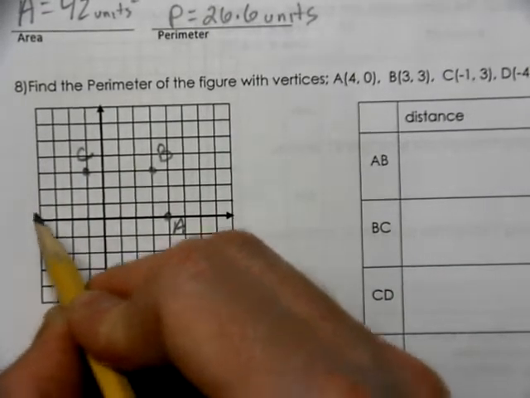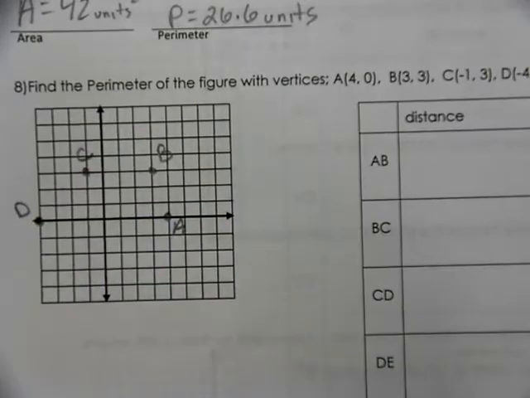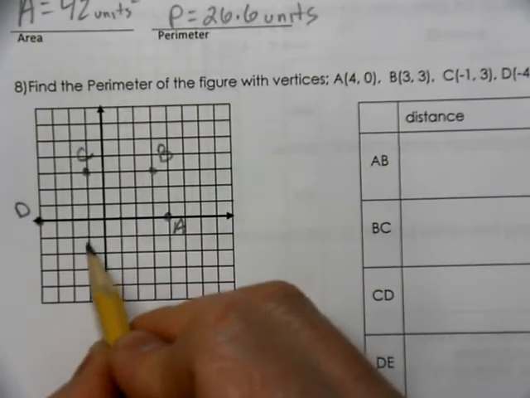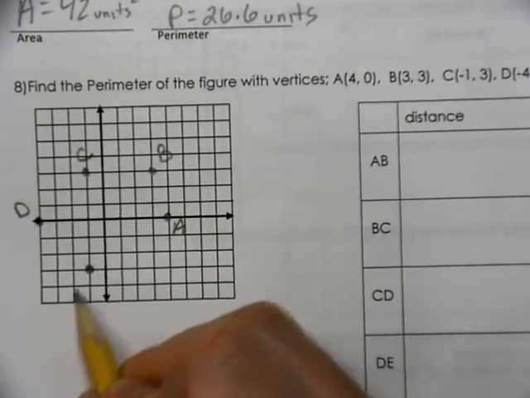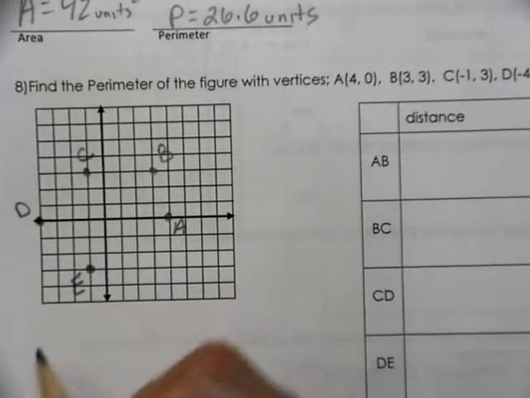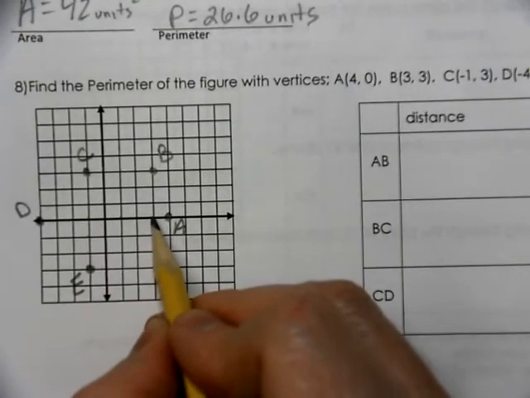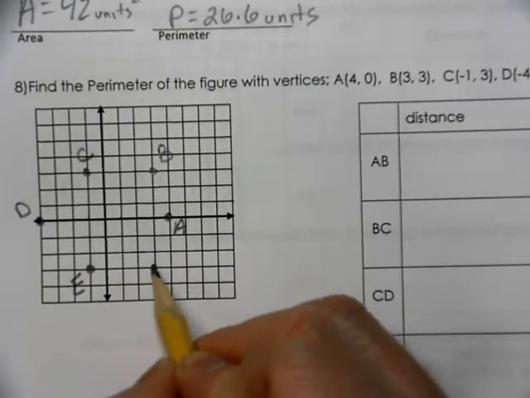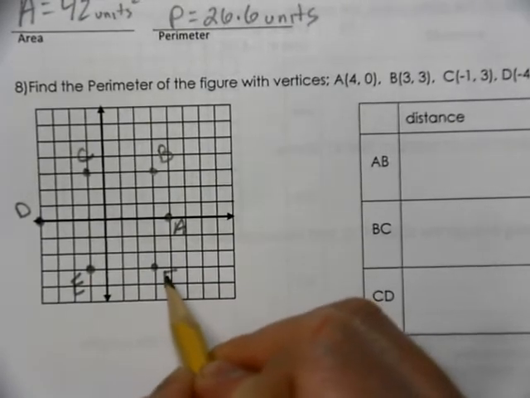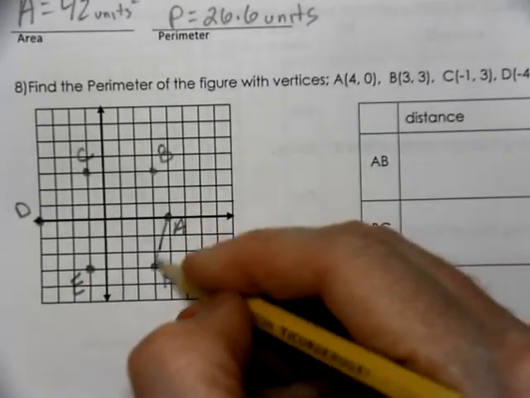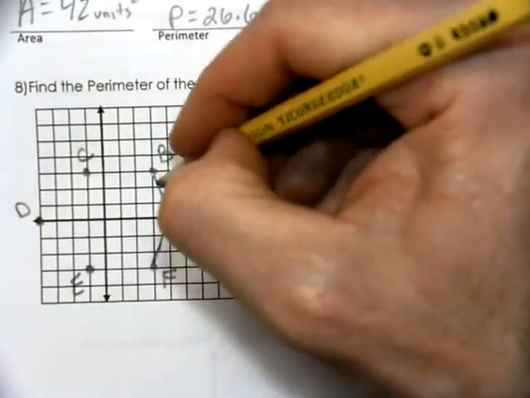Negative 4, 0. Negative 1, 3. And 3, negative 3. So we'll connect those all together.